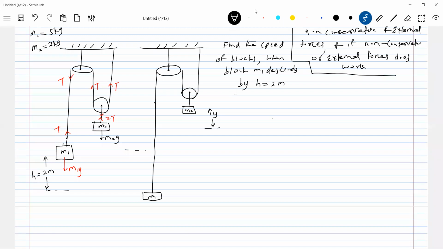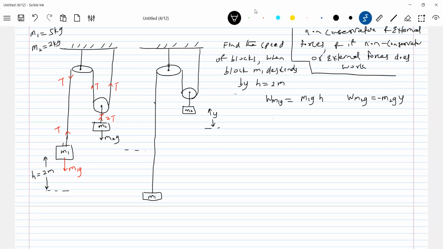Okay, let's do one thing. Let's write all the things. Work done by M1G. The force M1G acts in the direction of displacement H. It's positive, no? Keep it here. Work done by the weight M2G should be equal to minus M2G into Y. Why negative sign?